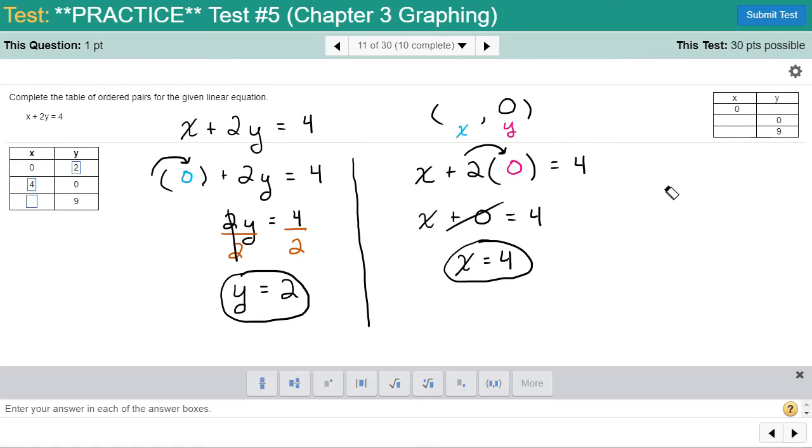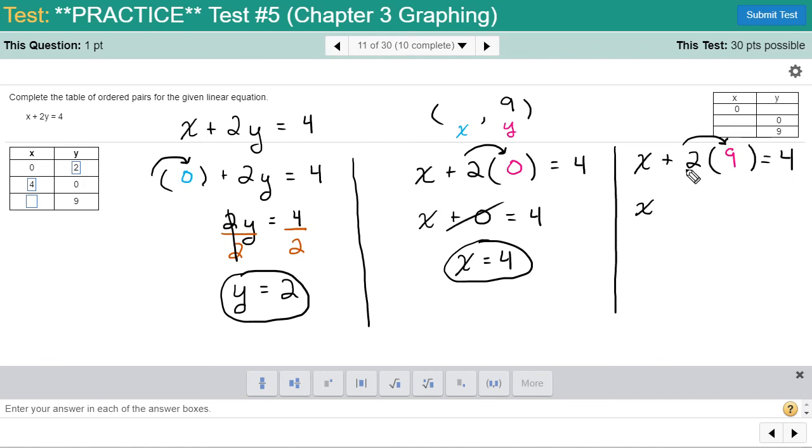And last but not least, we'll perform this operation again, only this time we are going to plug in a positive 9 for y. For the final time, we're finding the missing x. So x plus 2y, but again, let's plug in our value for this point. So positive 9 is equal to 4. Let's clean up the left-hand side here by distributing.